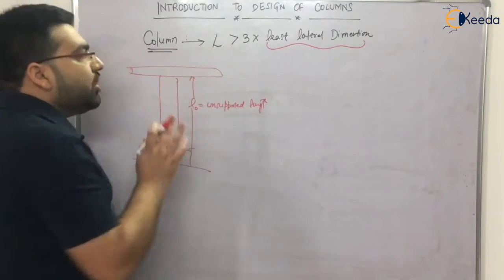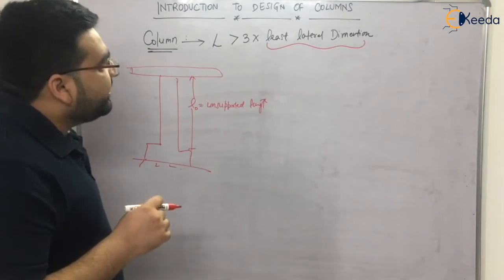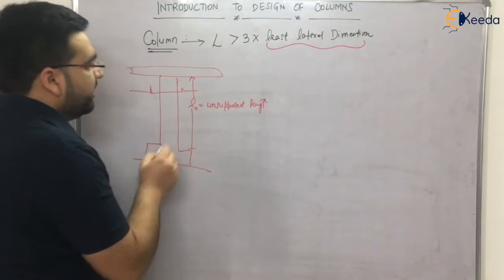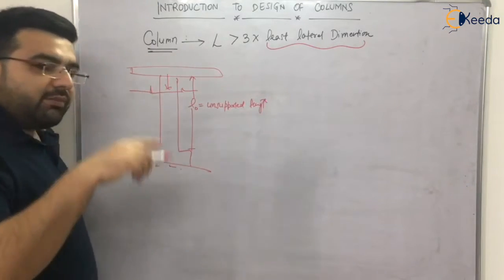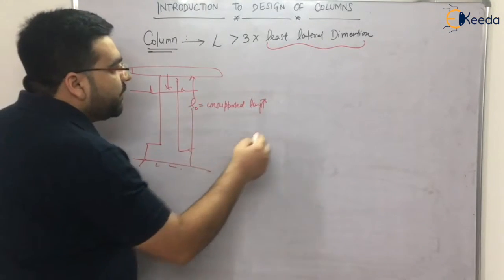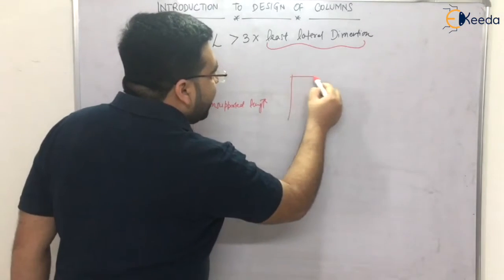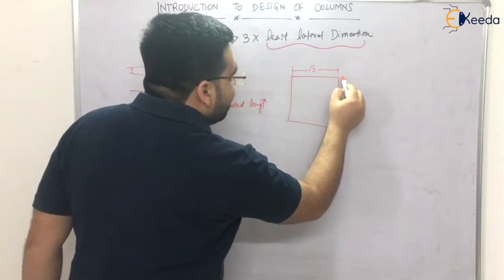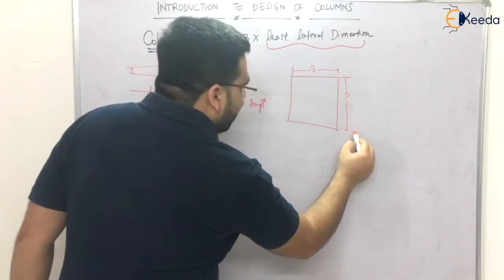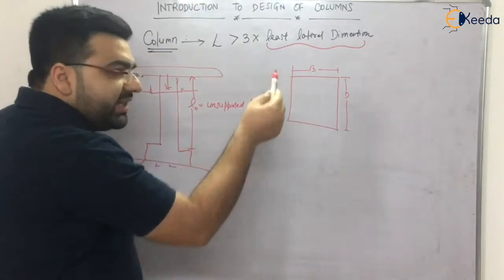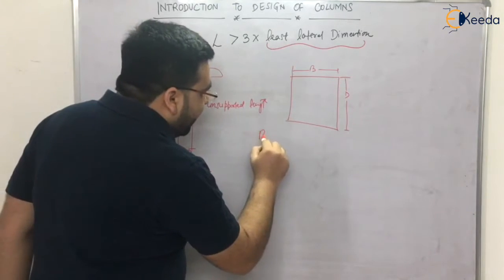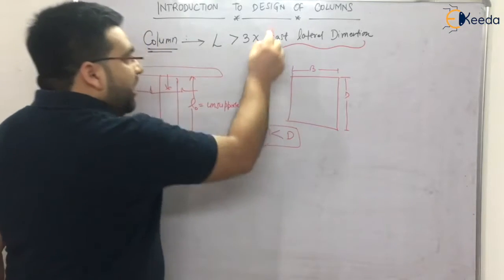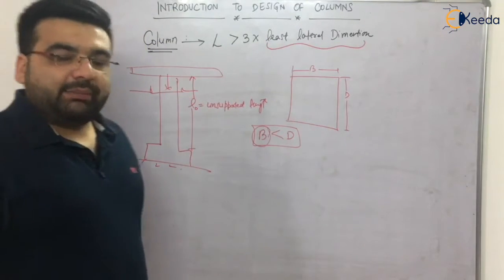Now if the length of the column is greater than 3 times the least lateral dimension, let me take a section here and see it from the top. If I draw the top view, let us say it is rectangular. This is, let us say, B, and this is the depth of the column, D. Now if B is smaller than D, then out of the two, B is known as the least lateral dimension.